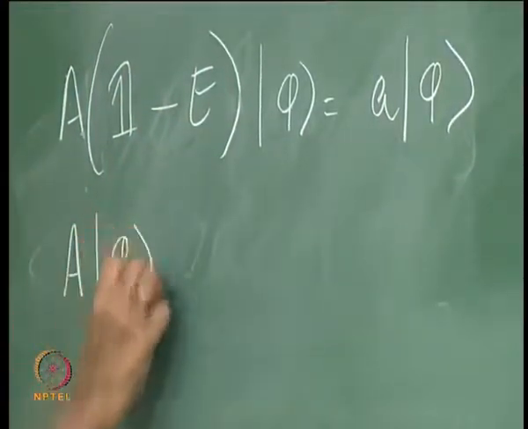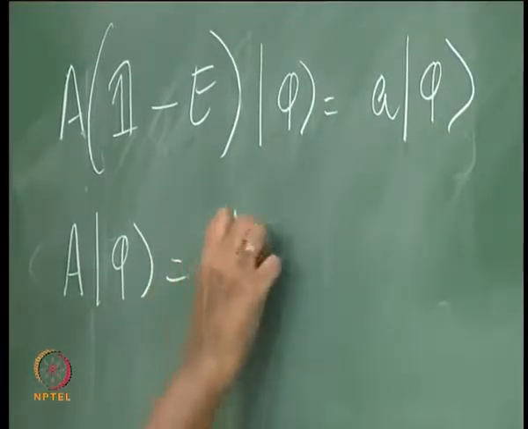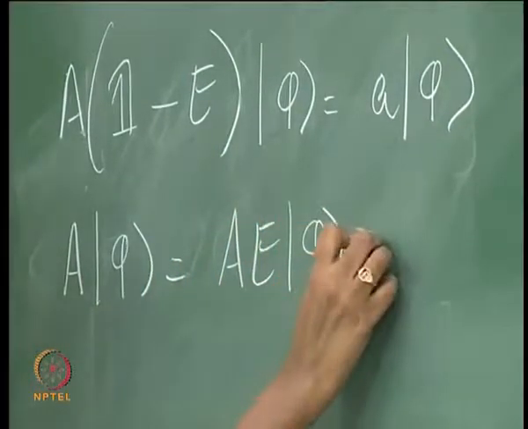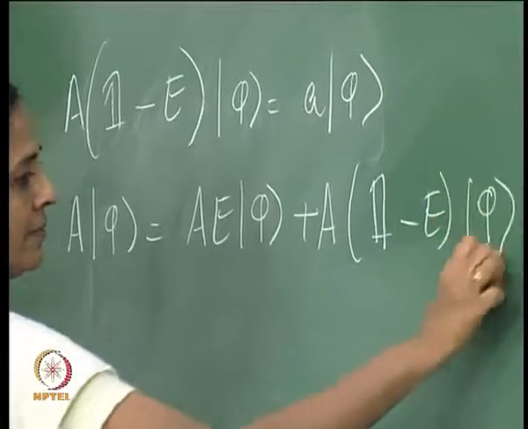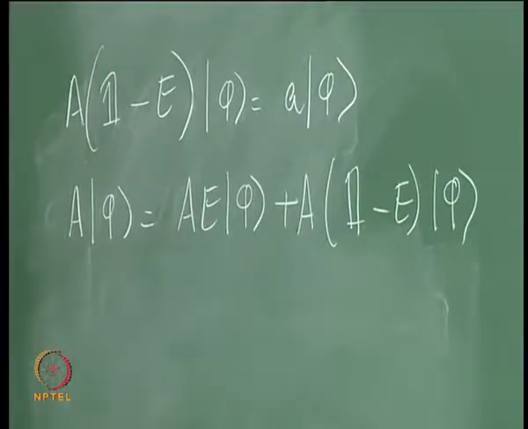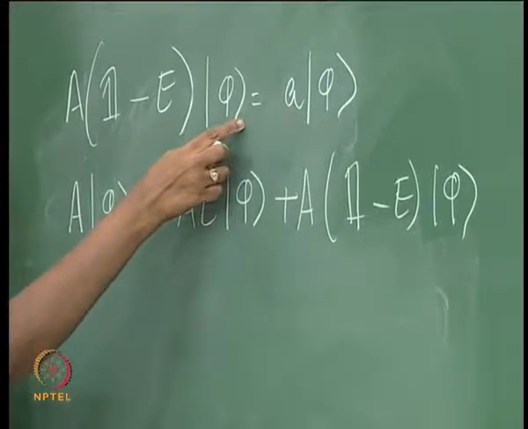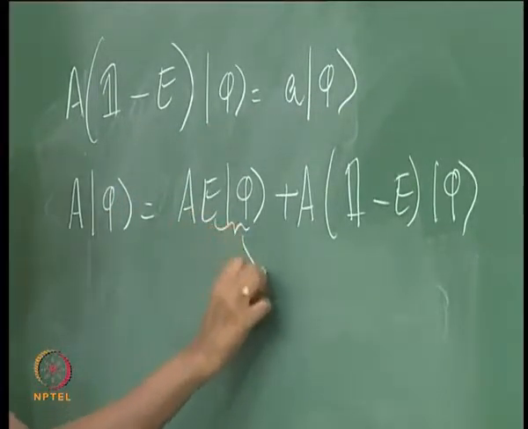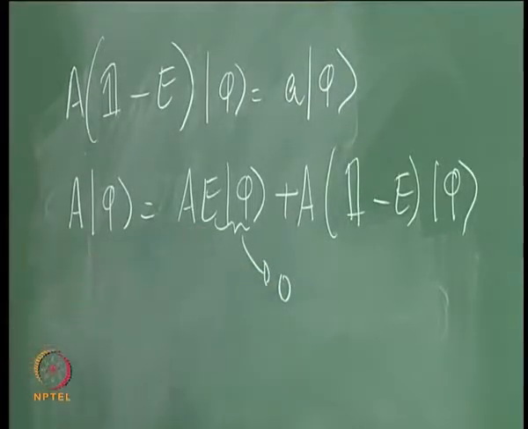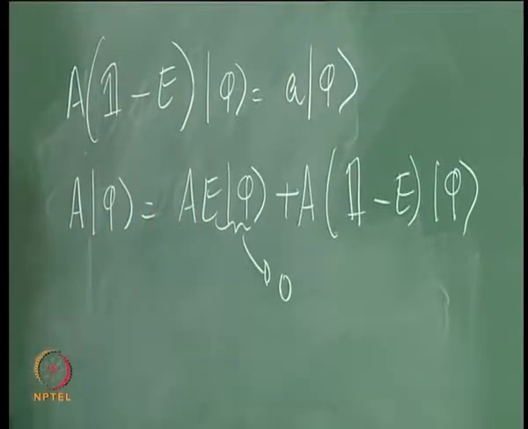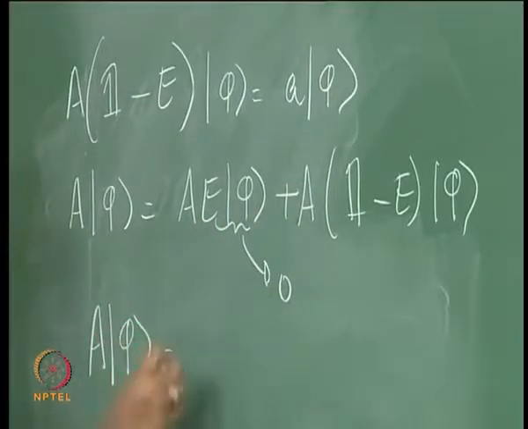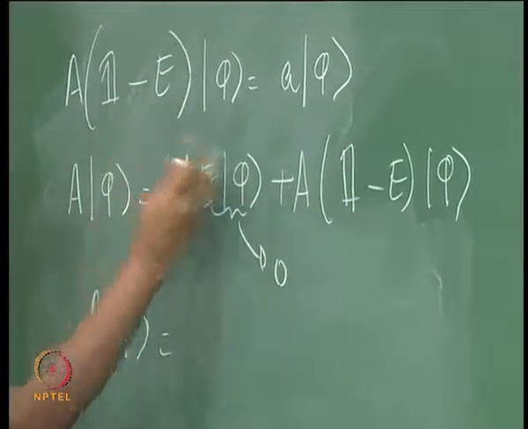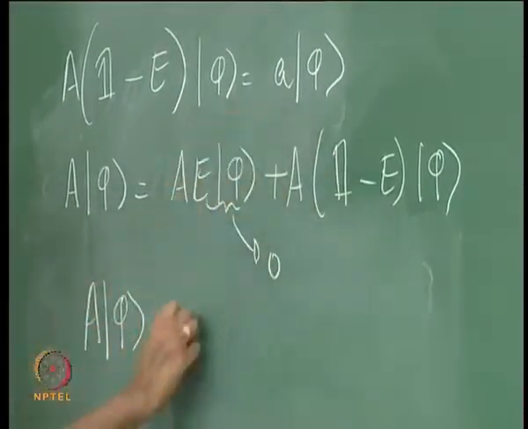Now consider A phi. A phi can well be written as A E phi plus A times identity minus E phi. But phi is a vector in M bar, therefore E phi is 0 because E is the projection operator onto the subspace M. So there is nothing to project into the subspace M, and therefore A phi is the same as A times identity minus E phi, which is a phi.